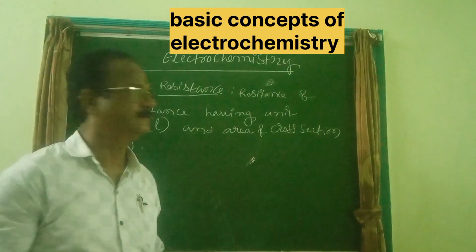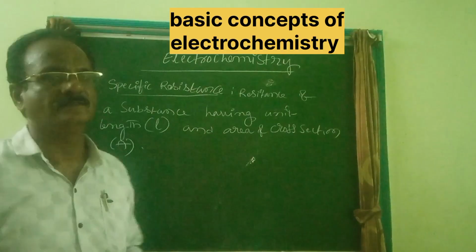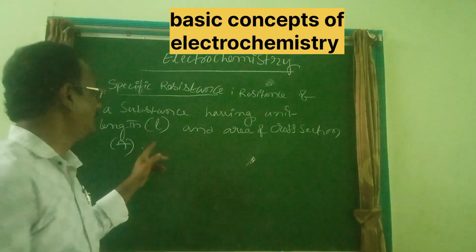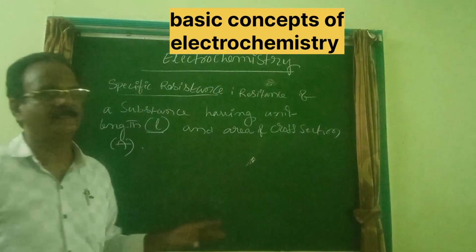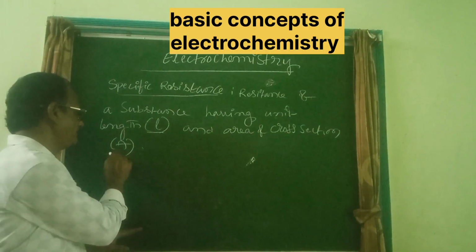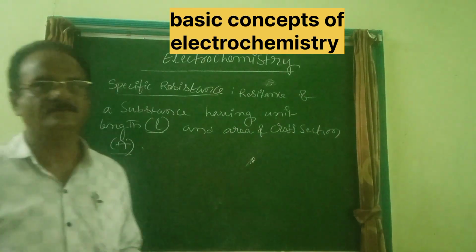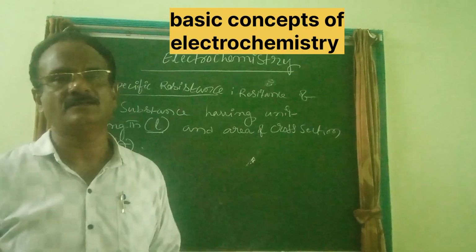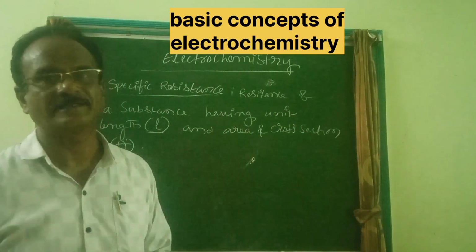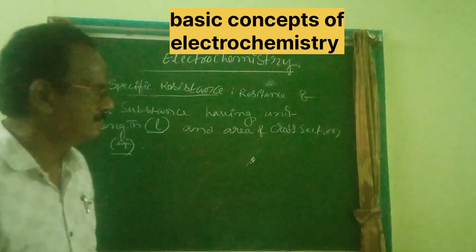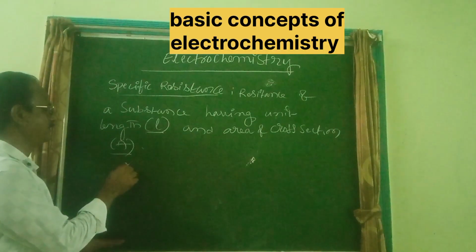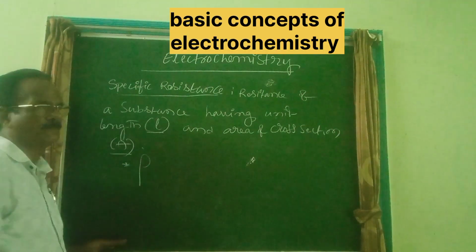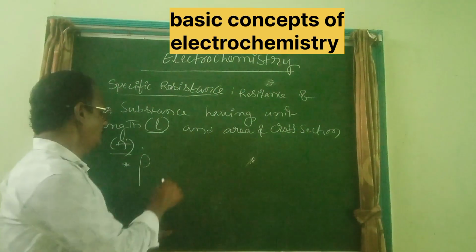Resistance of a substance having unit length L and area of cross section A is said to be specific resistance. This is also often called resistivity. It is denoted by rho.